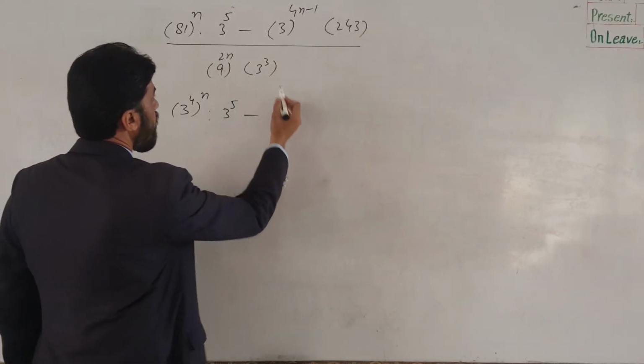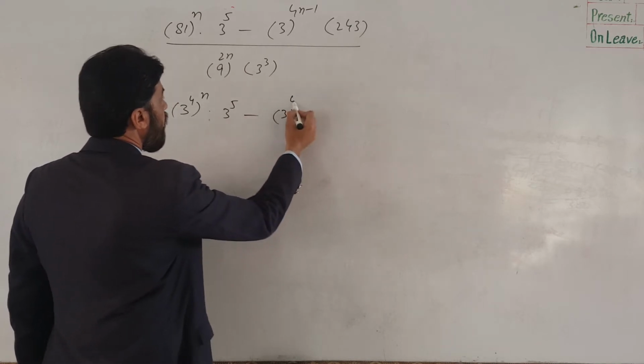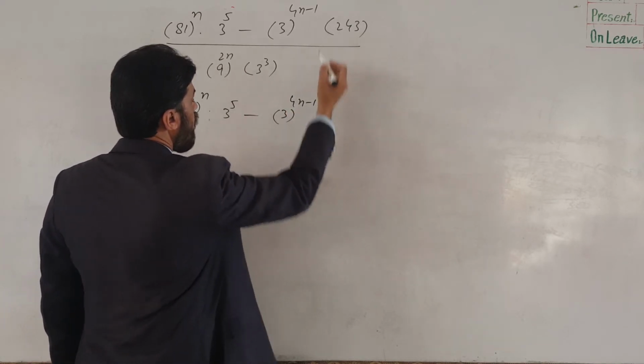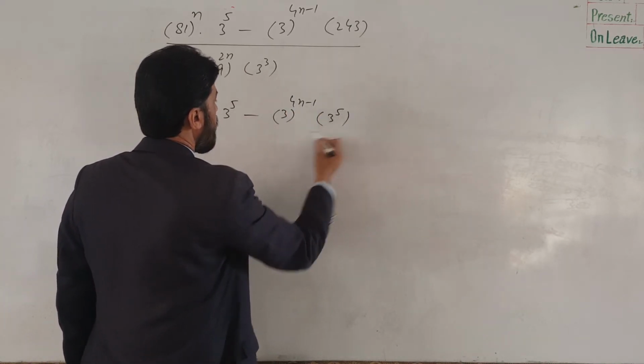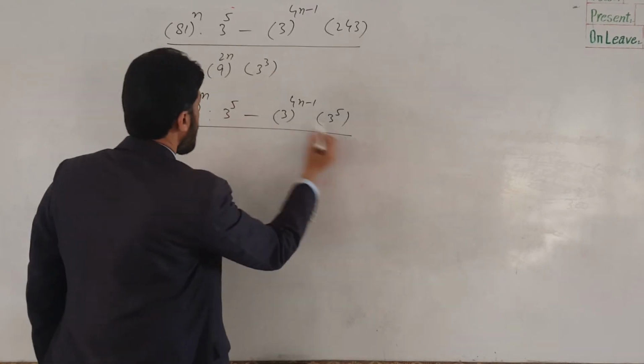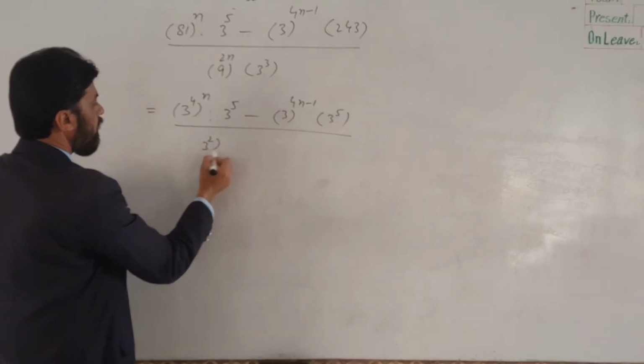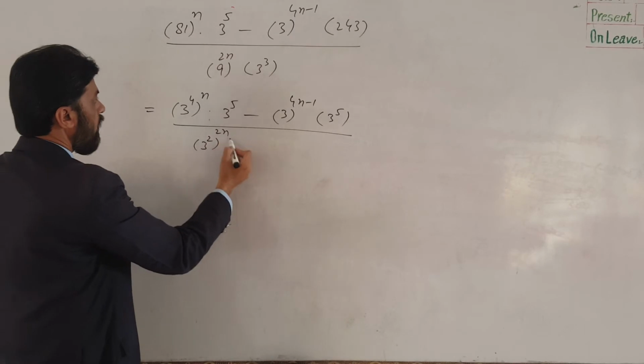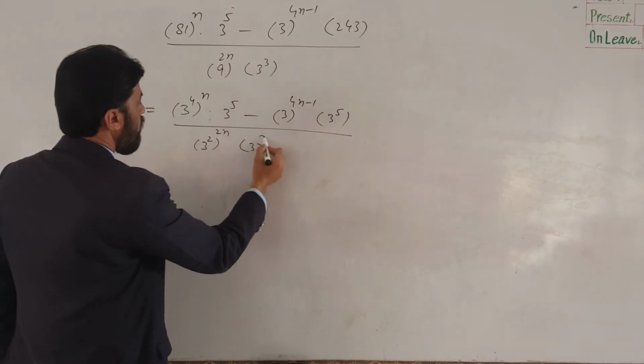Minus 3 raised to power 4n minus 1, 243 is 3 raised to power 5, over 9 is 3 square, 2n, times 3 cube.